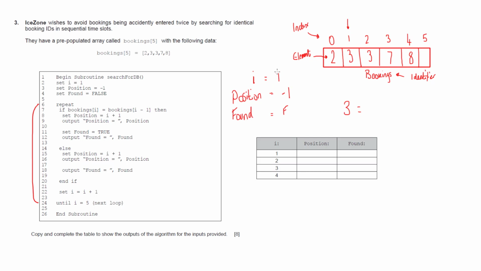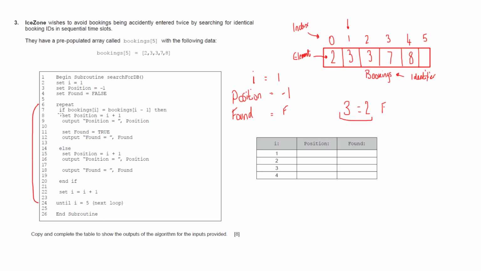I is currently 1, we minus 1 from it and it becomes 0. So what is inside the array at the position of 0? It turns out that is 2. Because it's an if statement, we evaluate this as a logical condition, and we say, is 3 equal to 2? And that is false. 3 is not equal to 2.